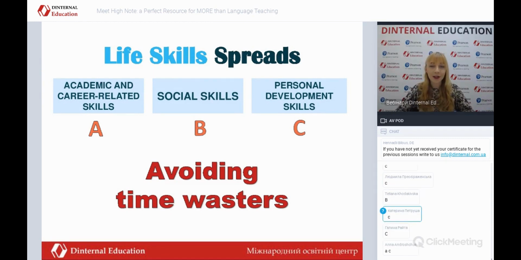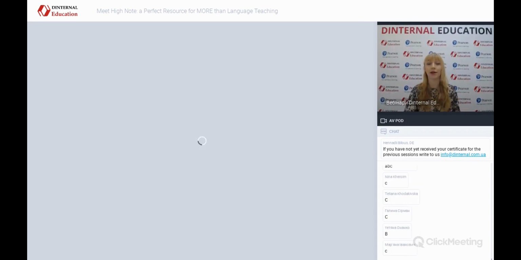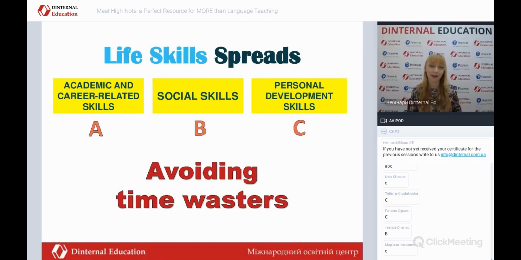A very similar spread from a different level is called managing your time. As simple as that, so just time management. Here it's how to avoid time wasters. So again, I can see all the options mentioned, and I absolutely agree that this skill definitely belongs to all the categories, because it's definitely a personal development skill, like all of them are.